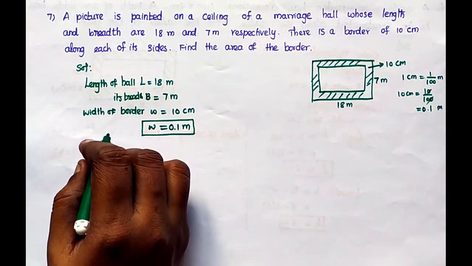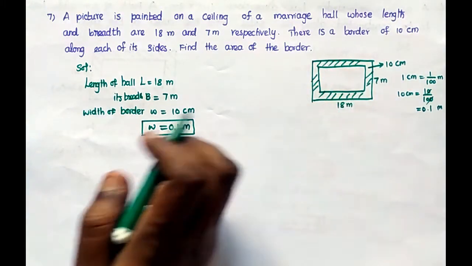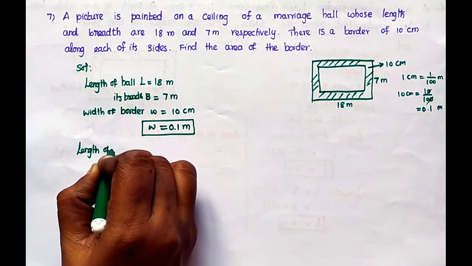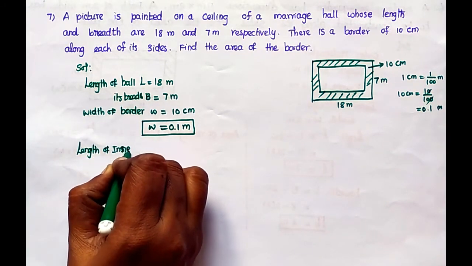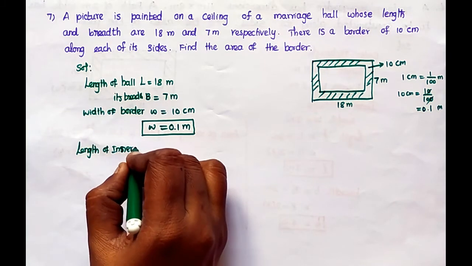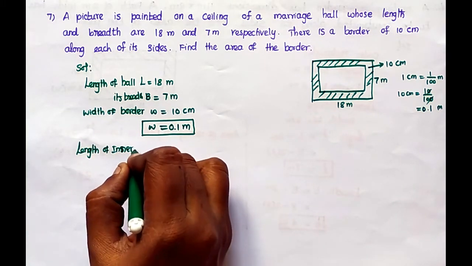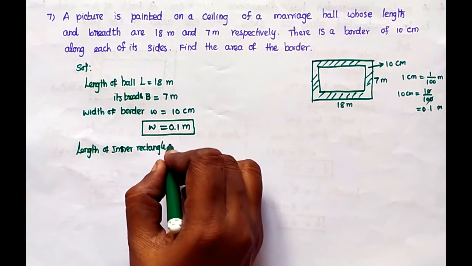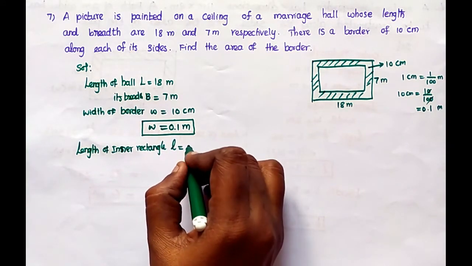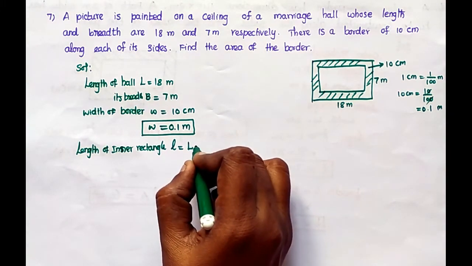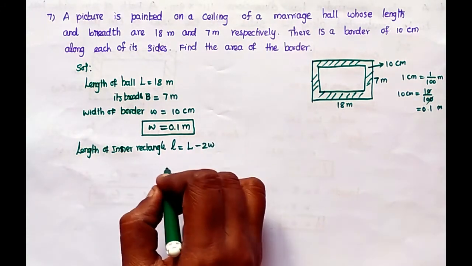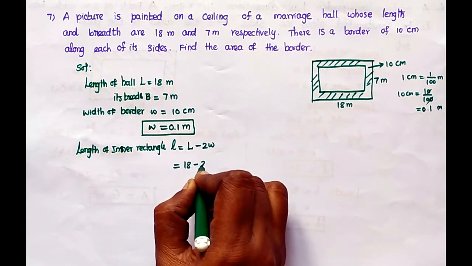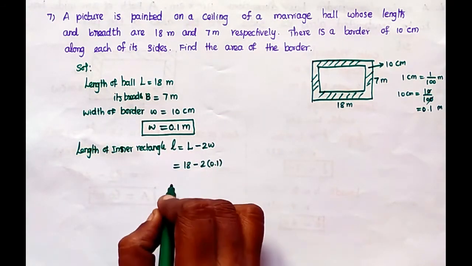And now the length of the inner rectangle. Small l equals L minus 2W. What is L here? 18 minus 2 into 0.1.